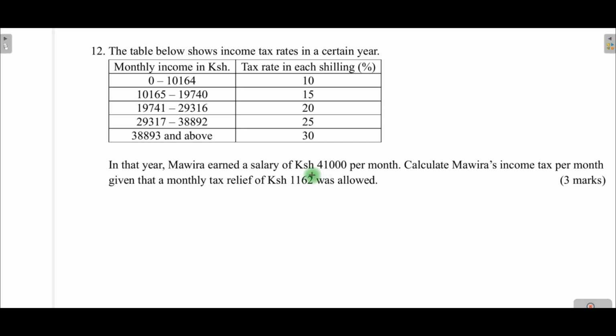Therefore, in this case, we have been given the salary of Mawira, and therefore we need to find the income tax. So the income tax, how are we going to get it? We need to find tax before relief, for it seems tax relief was given that month.